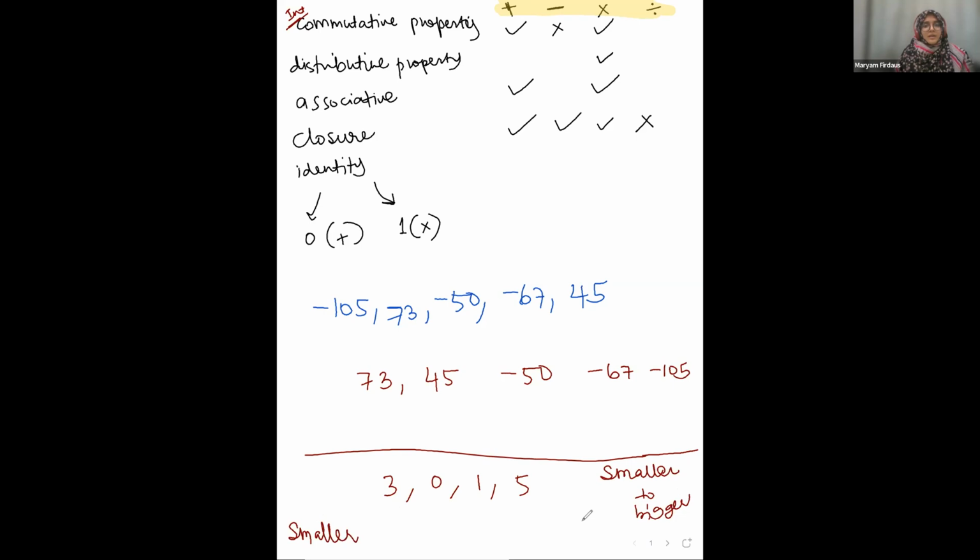I'm always getting confused between descending and ascending. Have you ever heard of this term, Hiba? Ascending a staircase. You ascend a staircase. Or you ascend in life, like when you say you are ascending in your career path. That means you are growing, going upwards, towards bigger and bigger things.